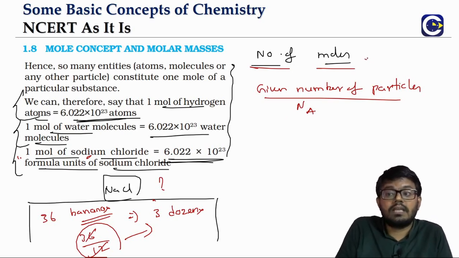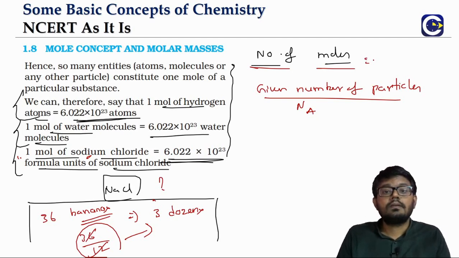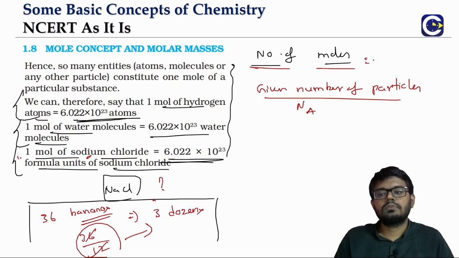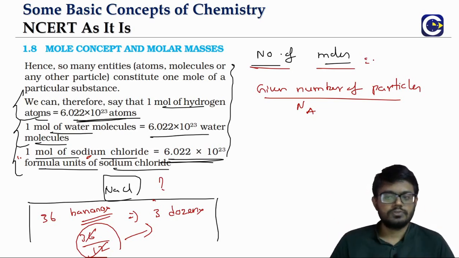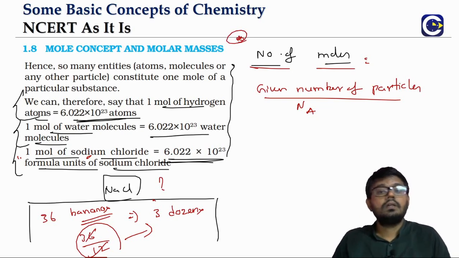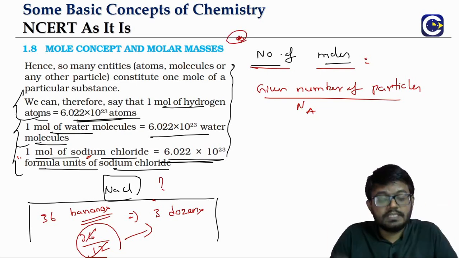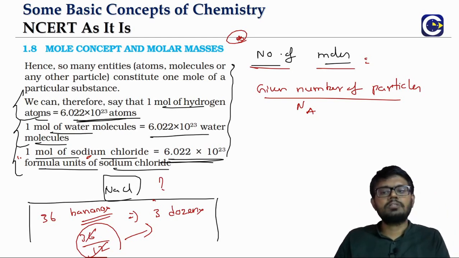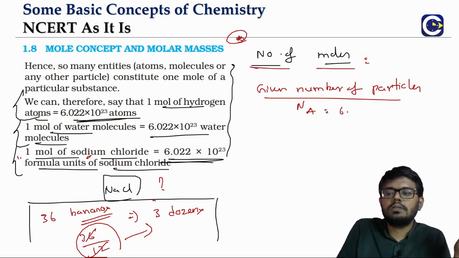To calculate the number of moles, you divide by the Avogadro number. So how do you calculate the number of moles in a substance based on the count of particles? It is the given number of particles divided by the Avogadro number, which is 6.022 × 10^23. That's it.